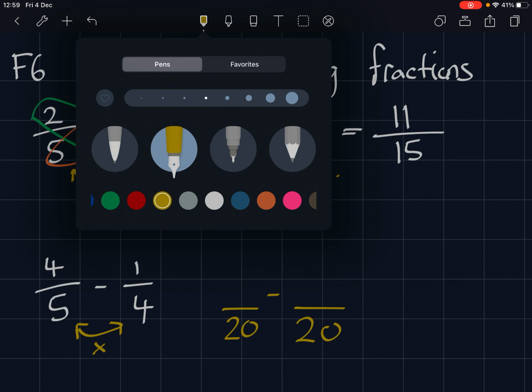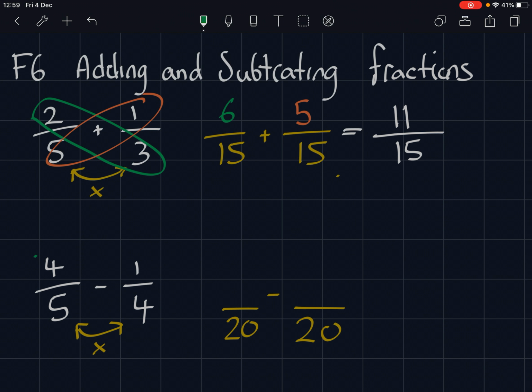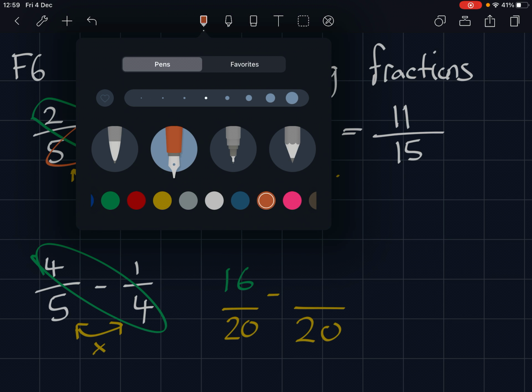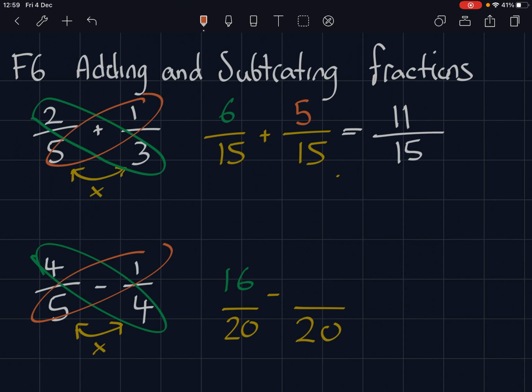To make the first fraction out of 20, we need to multiply it by 4. So 4 times 5 is 20, 4 times 4 is 16. We'll do the same for the other fraction. We times the second one by 5. So 5 times 4 gives us 20, and 5 times 1 gives us 5.